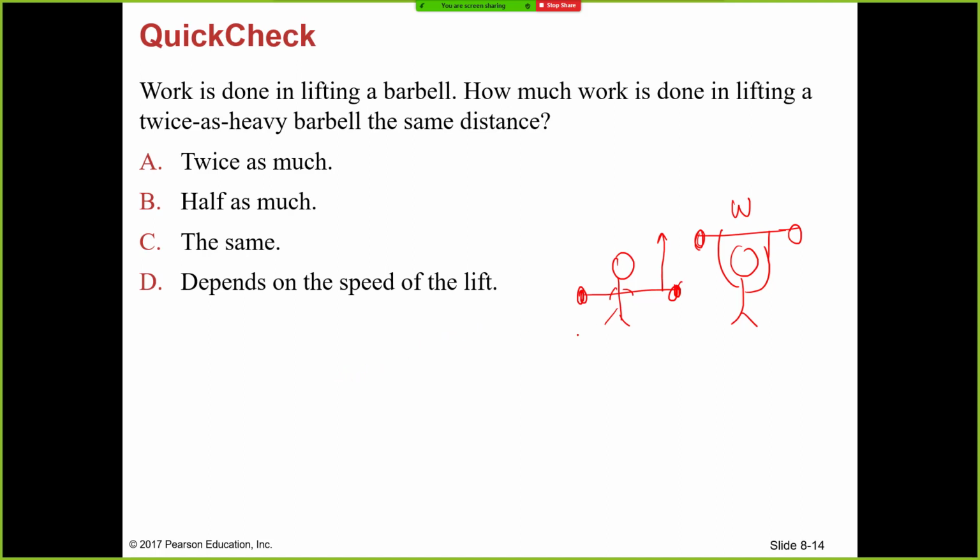Now if you double the weight of the barbell, how will that change the work? Keeping the distance the same, if you double the weight, that doubles the work, right? So doubling the weight or force doubles the work.